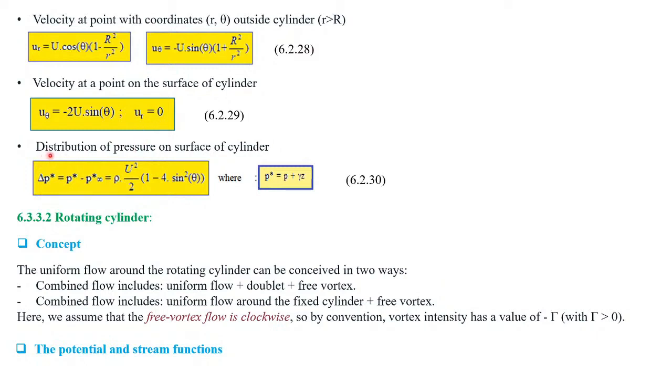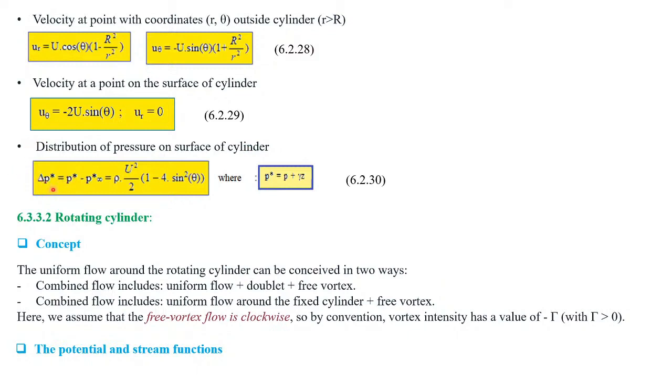Now we come to the distribution of the pressure on the surface of the cylinder. We use the Bernoulli equation between a point on the surface of the cylinder and a point in the very far region.